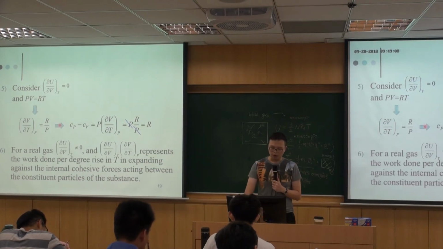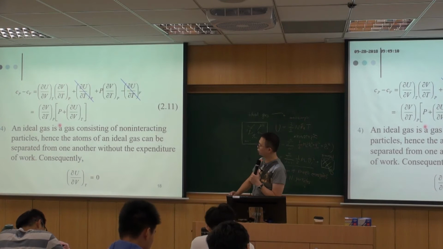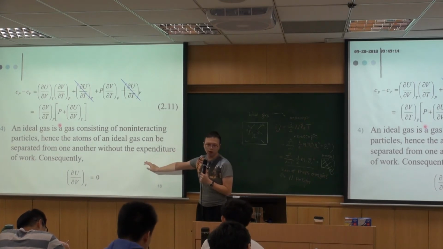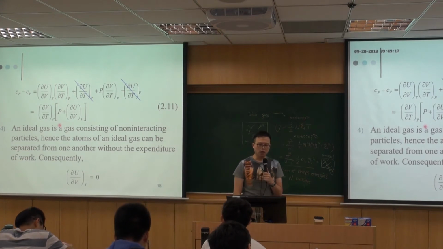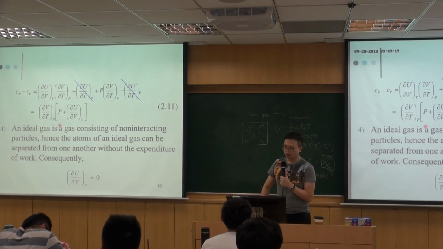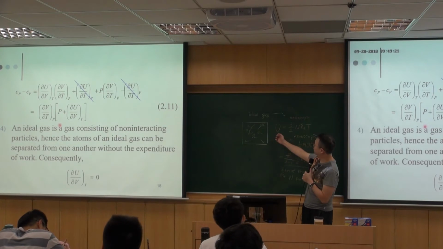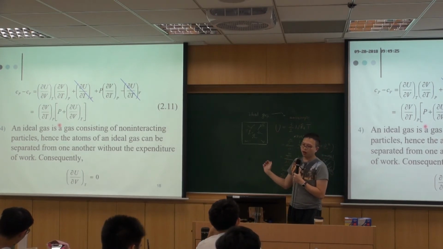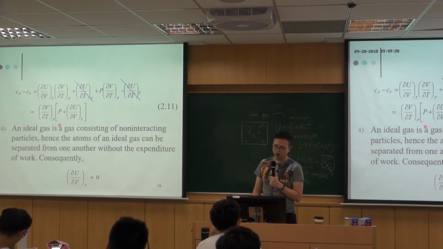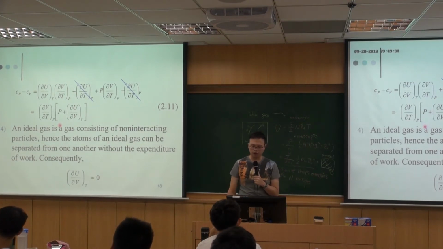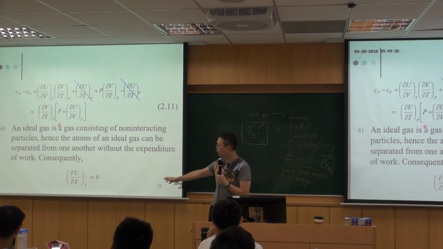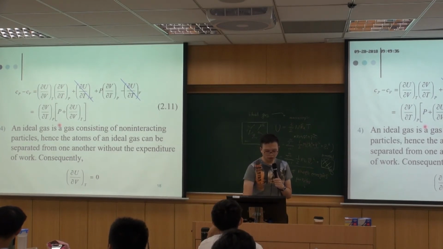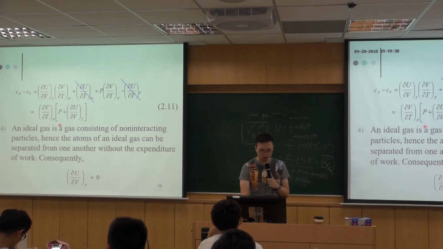And remember, the most important argument is actually not the derivations, but the fact that for an ideal gas, there's no potential energy. Therefore, the internal energy is only related to the kinetic energy part, and the change of volume won't change the internal energy. Therefore, partial U, partial V should always be 0 at constant temperature. So this argument is very important.